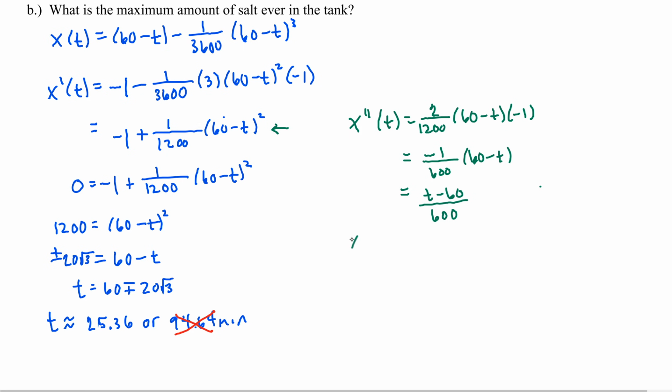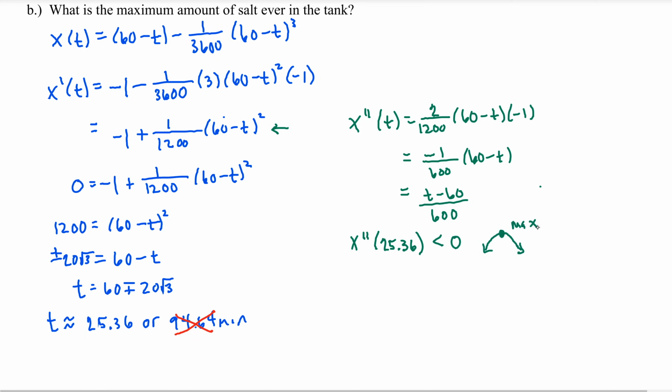So I'm going to take my critical point, which is approximately 25.36, and plug it into the second derivative. Notice our second derivative would then be negative. A negative second derivative indicates that we have a curve that is concave down, and if we are also at a critical point, that indicates that we have found a maximum.